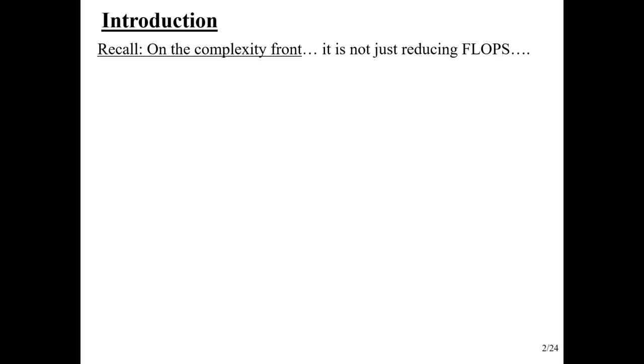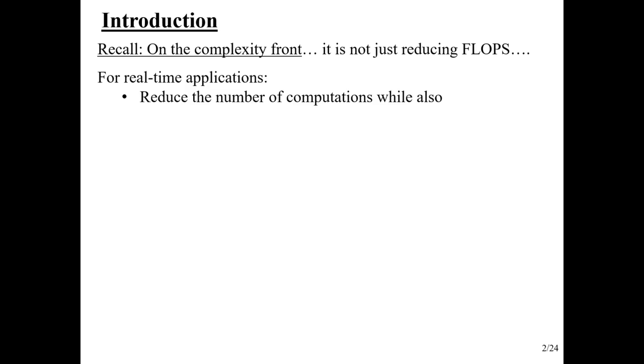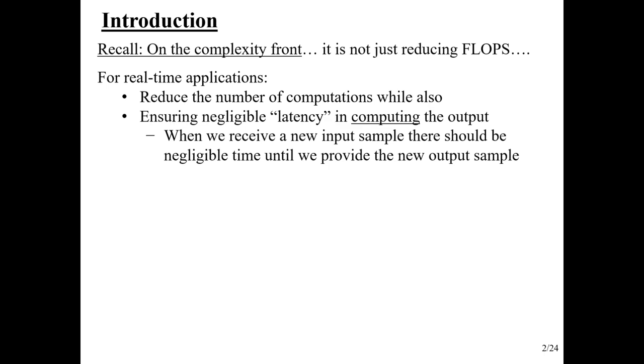So just a reminder that we're talking about the complexity issues with convolution reverb, but it's not just about reducing the number of operations that we have to do per second, or even just the total number of operations that we have to do for a particular output point. The point is also that in addition to reducing the number of computations, we also have to reduce what's called the latency.